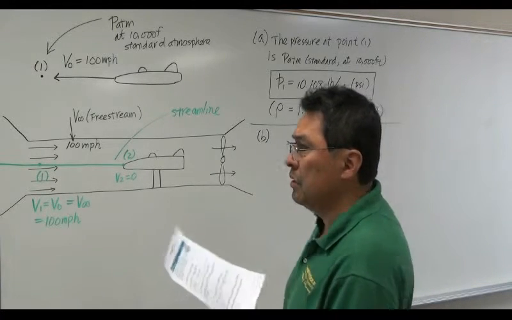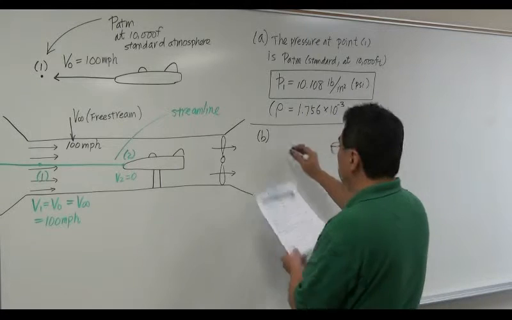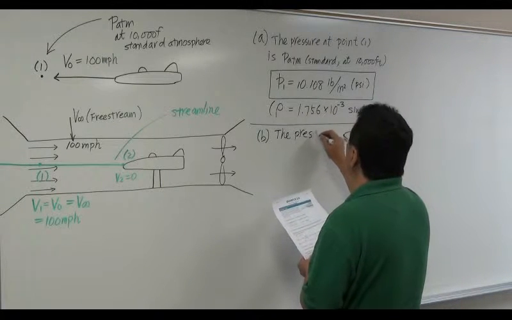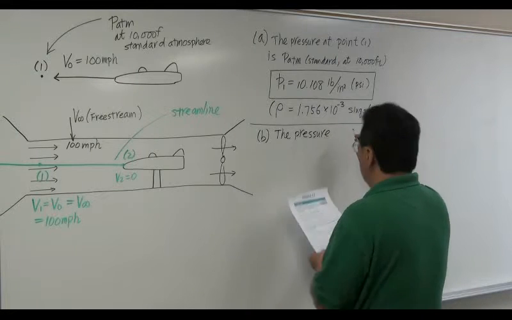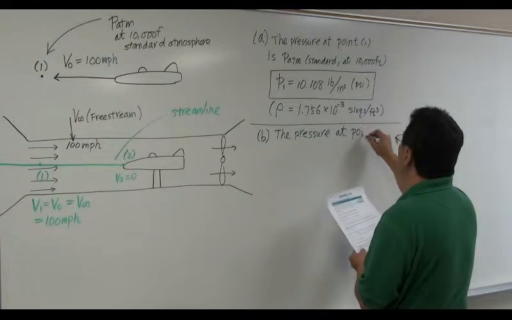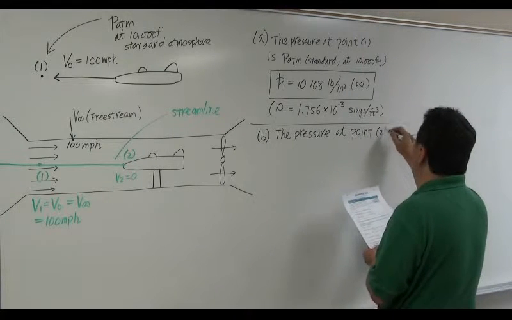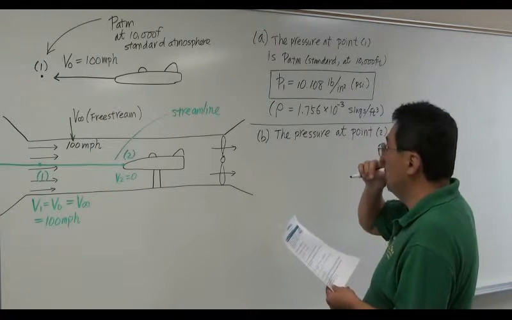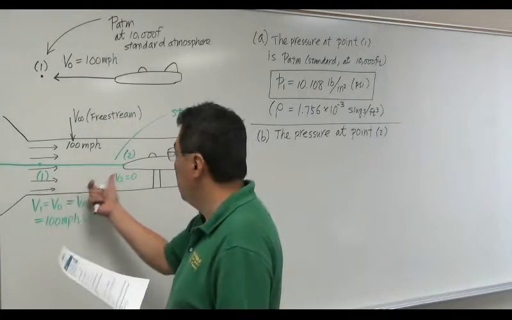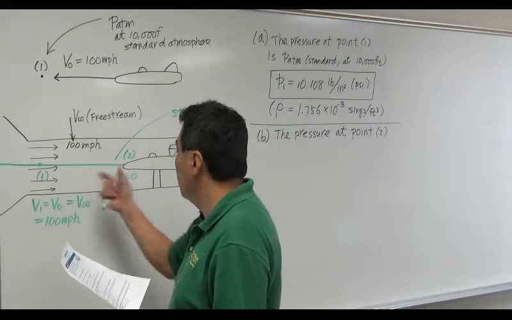The pressure at the stagnation point on the nose of the airplane, pressure at point 2. So now we are going to apply Bernoulli's equation between point 1 and point 2.